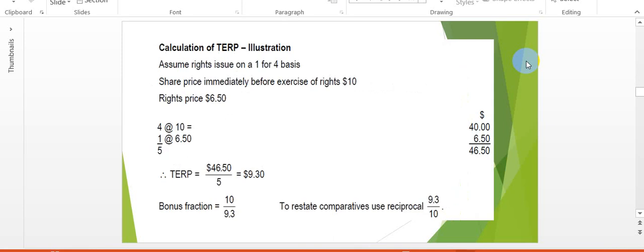We have an illustration here. So we are shown a rights issue on a 1-for-4 basis. Share price immediately before exercise of rights is $10.